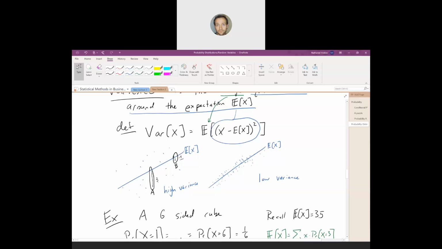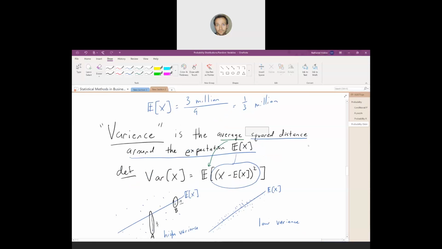He doesn't get punished by an amount of 3, he gets punished by an amount of 9. He gets squared punishment for being so far away from the line. Those are a couple of reasons why looking at squared distance is used here.